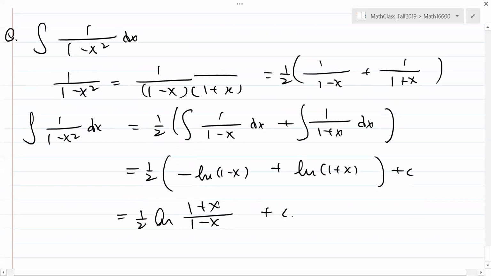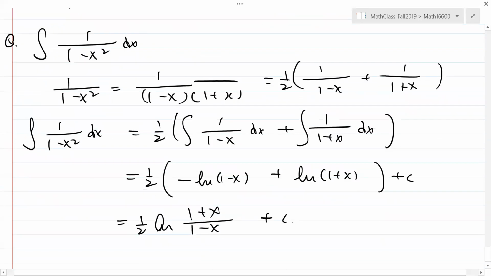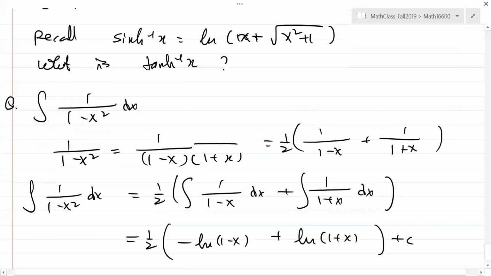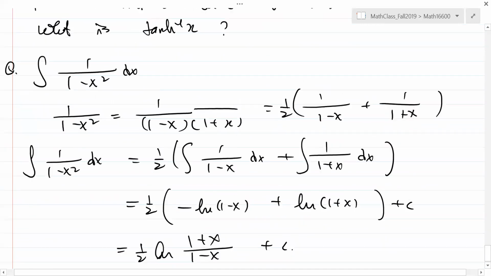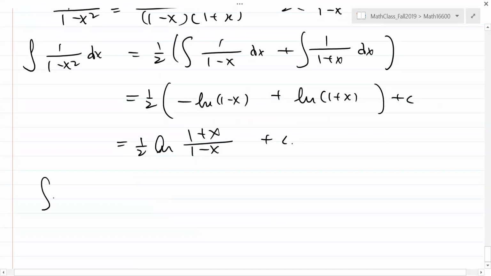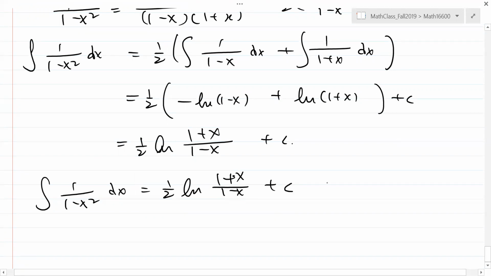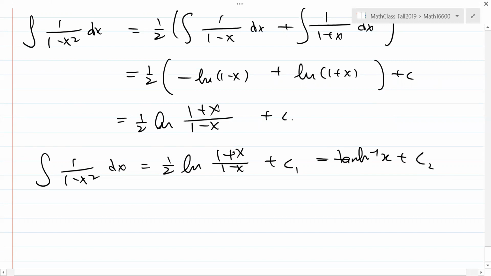So let's compare with this formula, right? You get 2 formulas here now. This may be a different constant, okay? But actually this turns out to be the same constant.